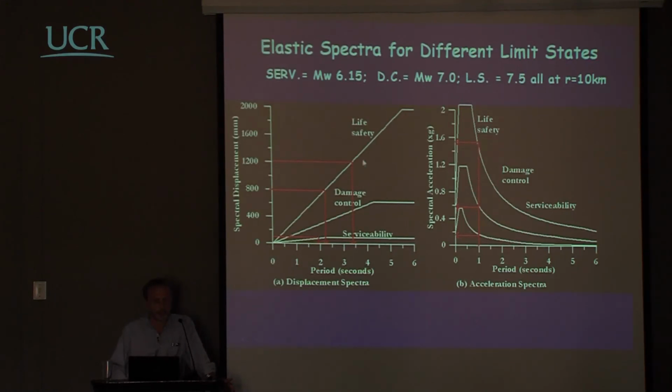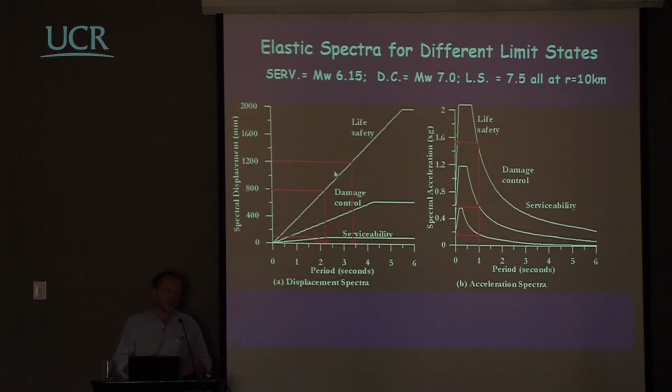But what happens here is much more, I would say complex, but not complex in the sense that it's difficult, in the sense that you are not sure what will happen, because you will enter with 3 different levels of displacements if you want to use all these limit states, and for each one of them, you are going to hit a different spectral shape.